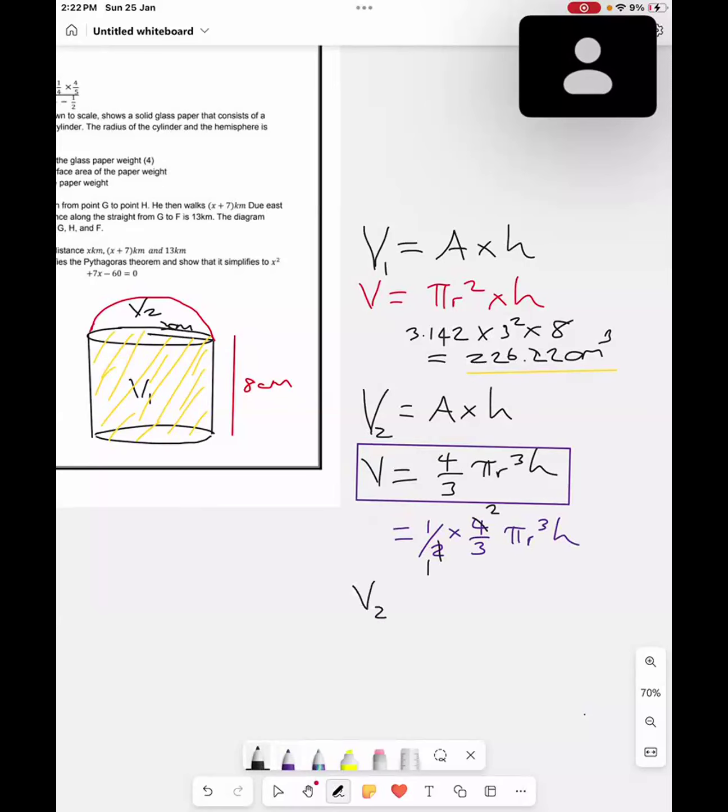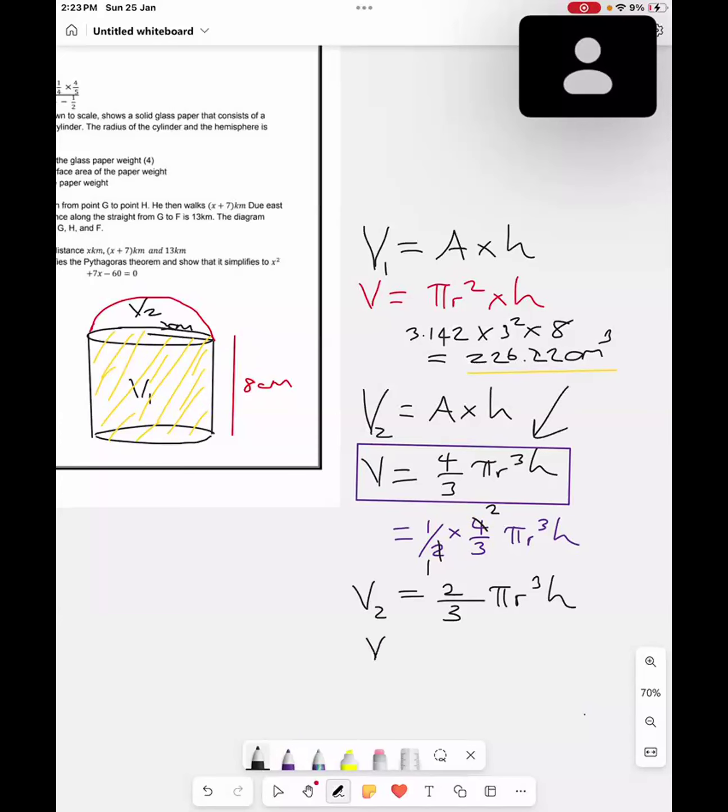The volume of a hemisphere is now 2/3 pi r cube, right? Because a hemisphere is a half of a sphere, and this is the formula for finding the volume of a sphere. So hopefully that makes sense.